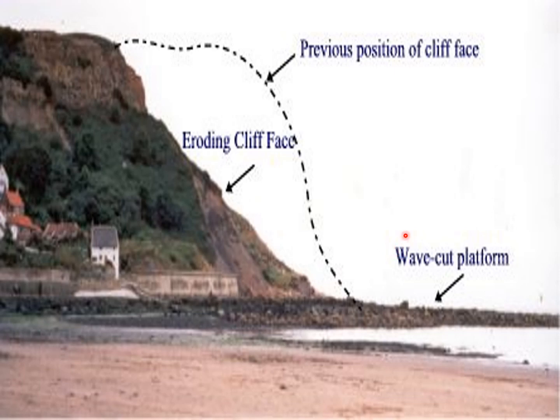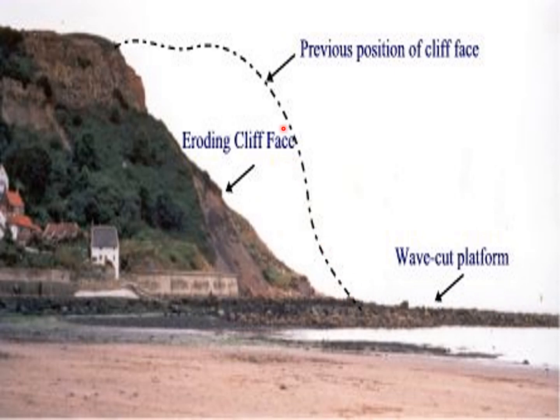Now, good. So here we have a cliff face that had been eroded, and because it has been eroded, you have the rubble down here spreading out and forming what we call a wave cut platform.